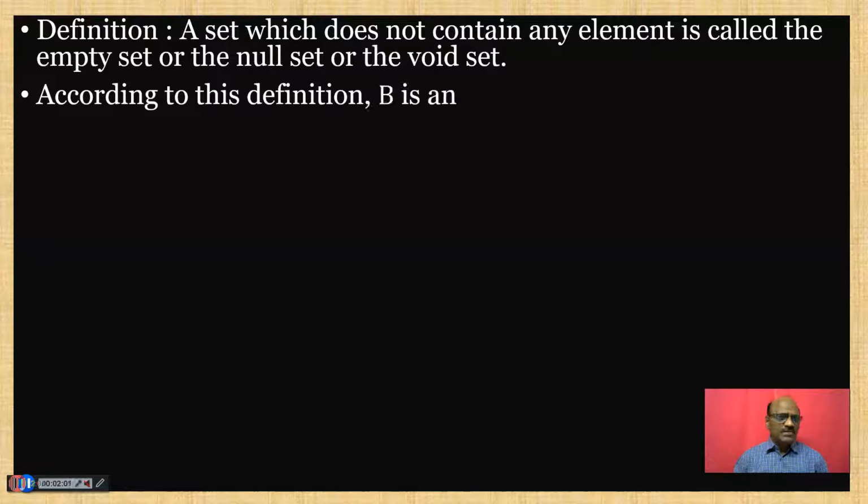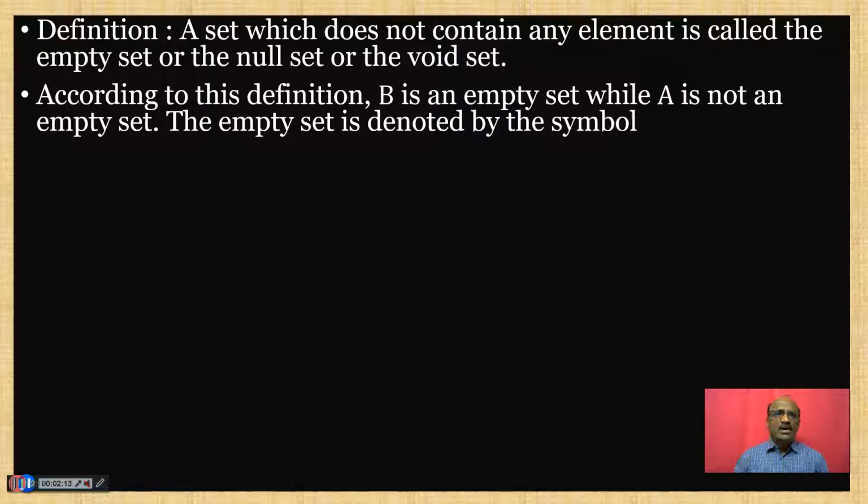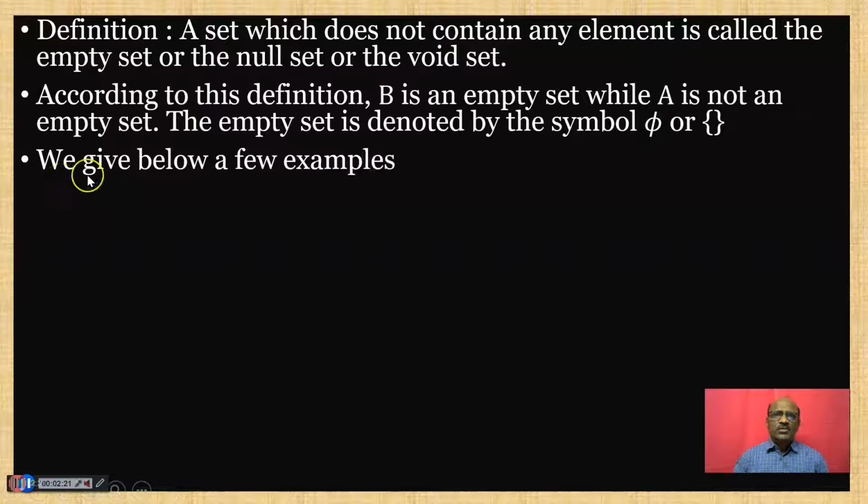According to this definition, B is an empty set while A is not an empty set. The empty set is denoted by the symbol phi or empty curly brackets. We give below a few examples of empty sets.